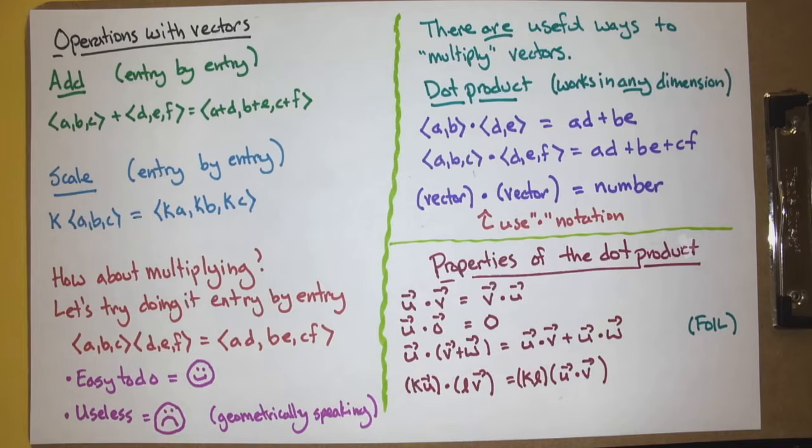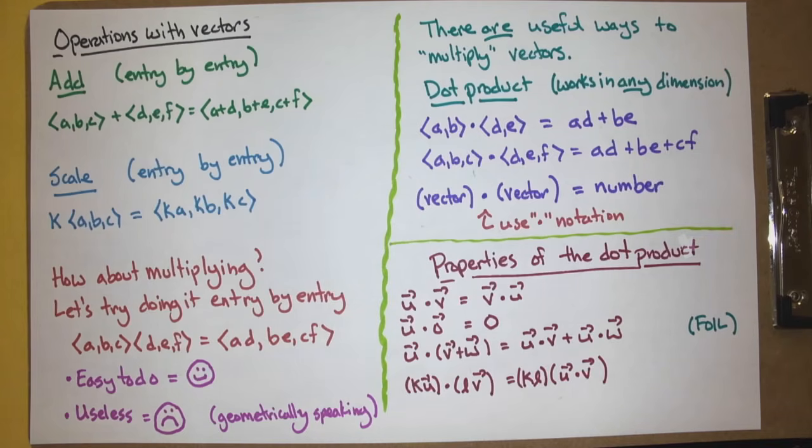Now from this you can get a couple of properties pretty quickly. One thing is it doesn't matter the order that you take the dot product in. U dot V is V dot U, because the resulting sum of terms is the same. Anything dot the zero vector is zero. Hard to recover when you multiply all the terms by zero.